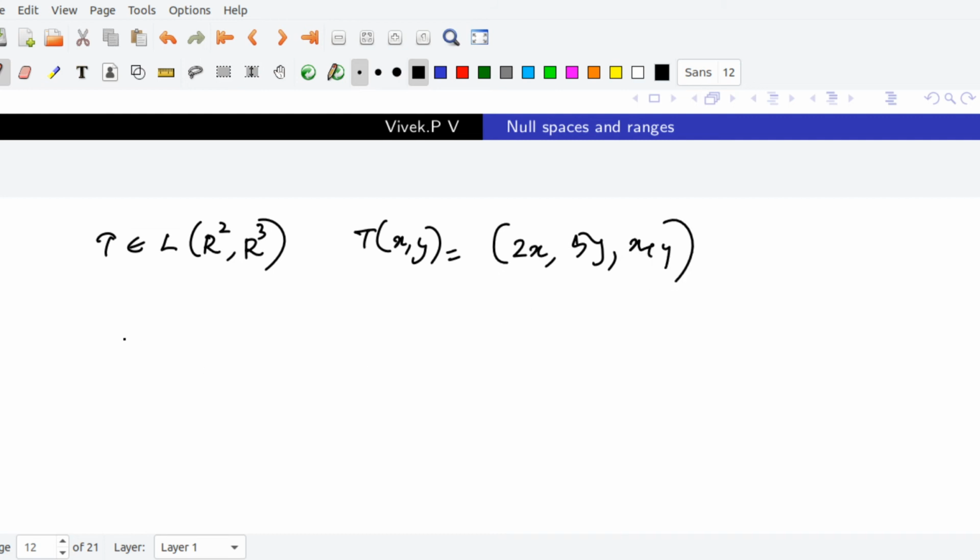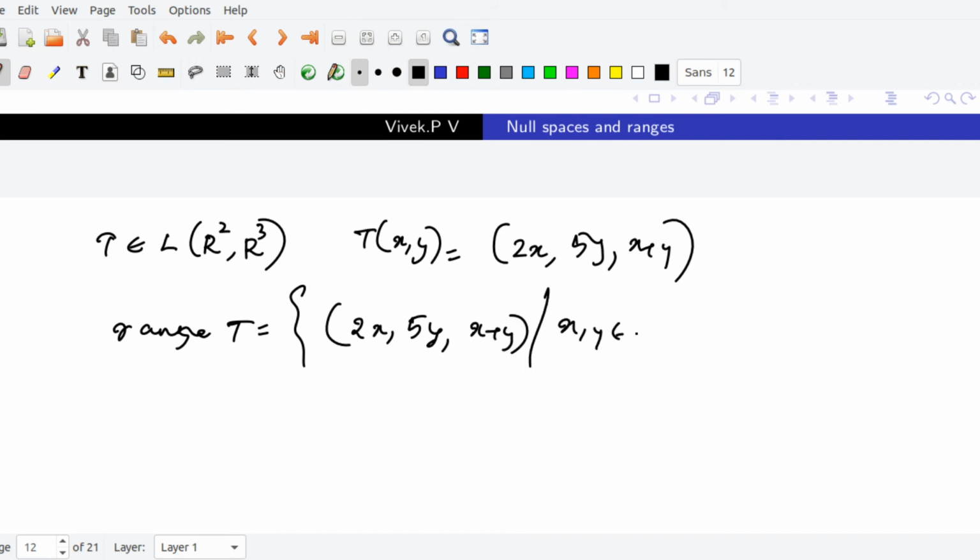Okay, the range of T, by definition, is the set of all elements of the form (2x, 5y, x plus y) where x, y are elements of R. This is the range set of T.